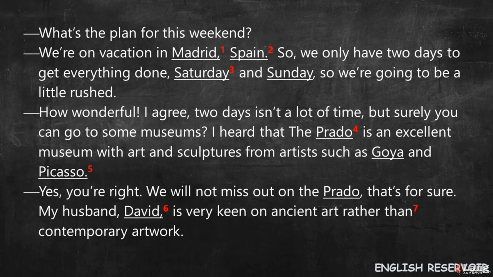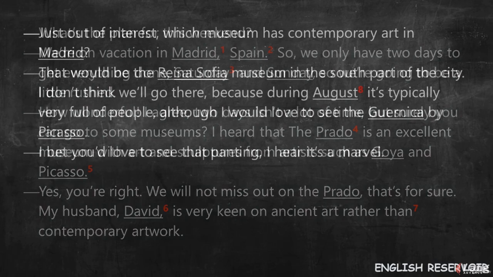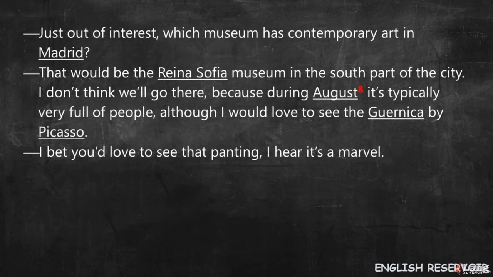I heard that the Prado is an excellent museum with art and sculptures from artists such as Goya and Picasso. Yes, you're right. We will not miss out on the Prado, that's for sure. My husband David is very keen on ancient art rather than contemporary artwork. Just out of interest, which museum has contemporary art in Madrid?